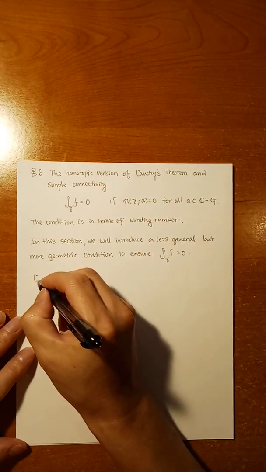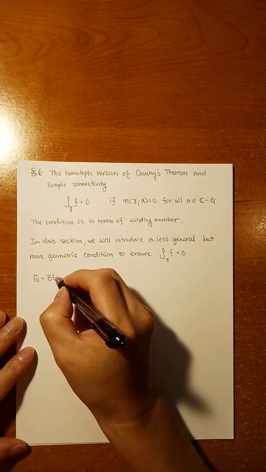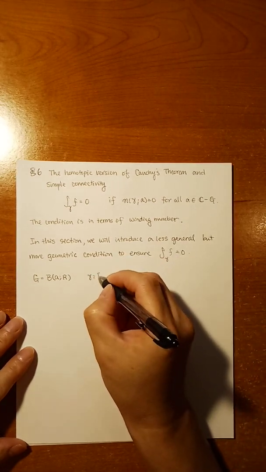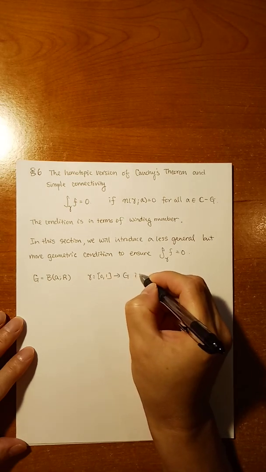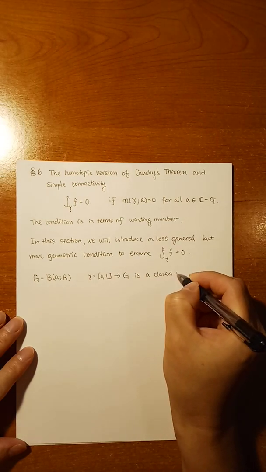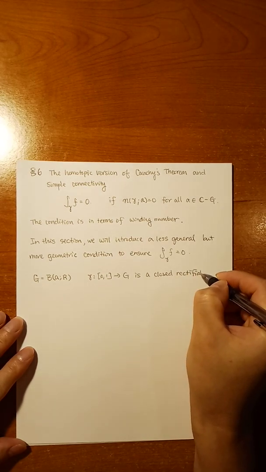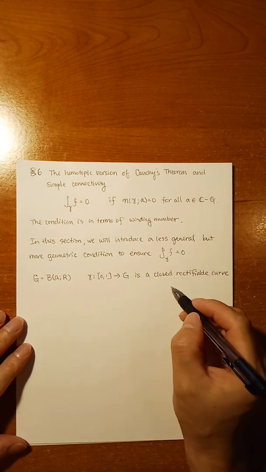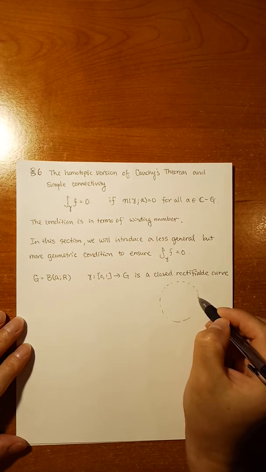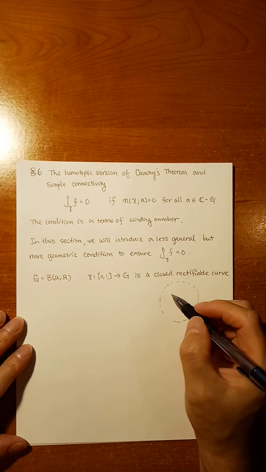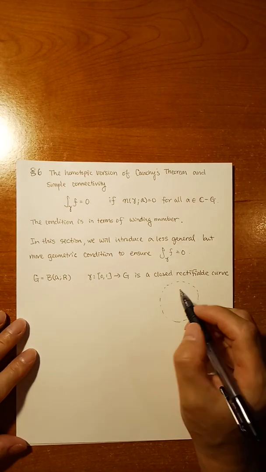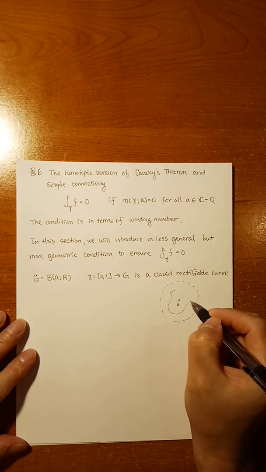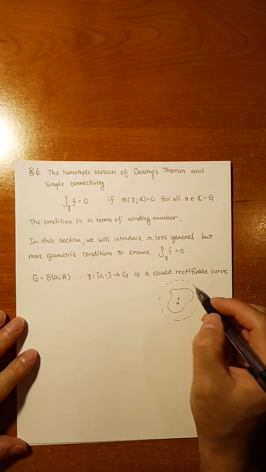If G is an open disk, and gamma is a closed rectifiable curve in G, we have a boundary, and we have a point A, and assume this is a curve gamma.